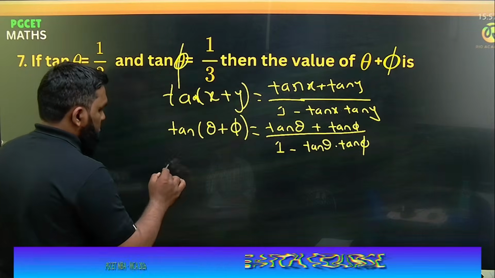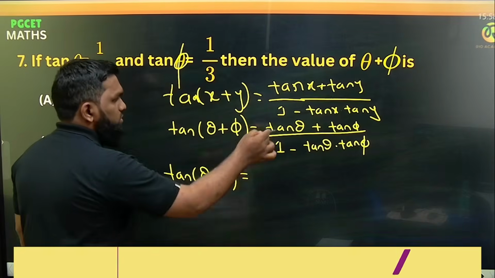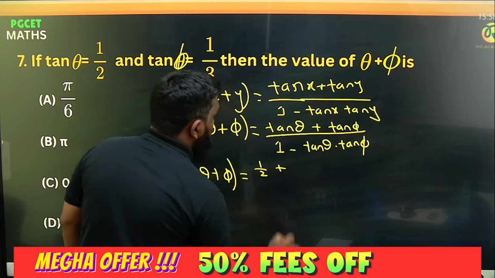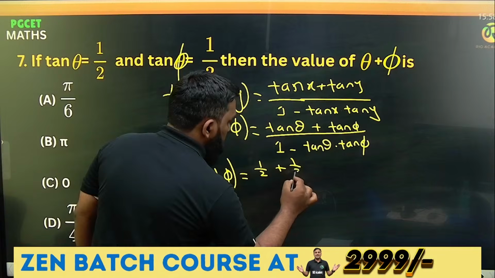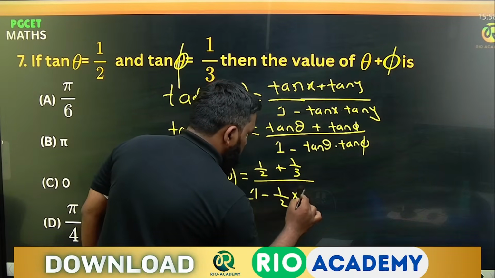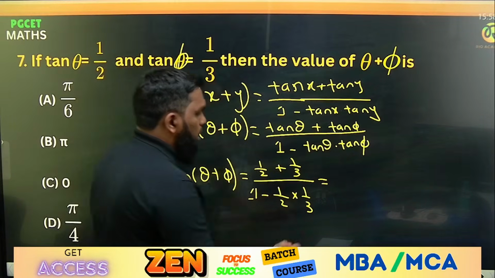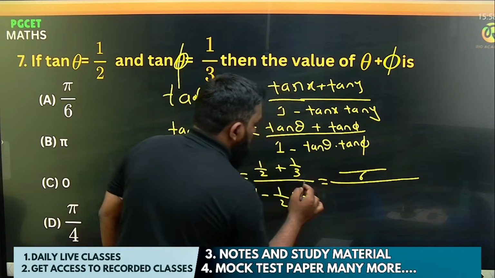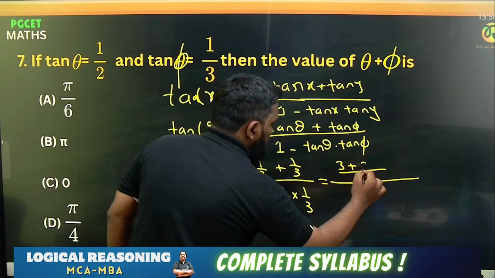Now see that tan of theta plus psi equals the tan theta value we have, 1 by 2, plus tan psi value 1 by 3, divided by 1 minus 1 by 2 into 1 by 3. Now take the LCM of the above terms: 2 threes are 6, 3 ones are 3, plus 2 ones are 2.